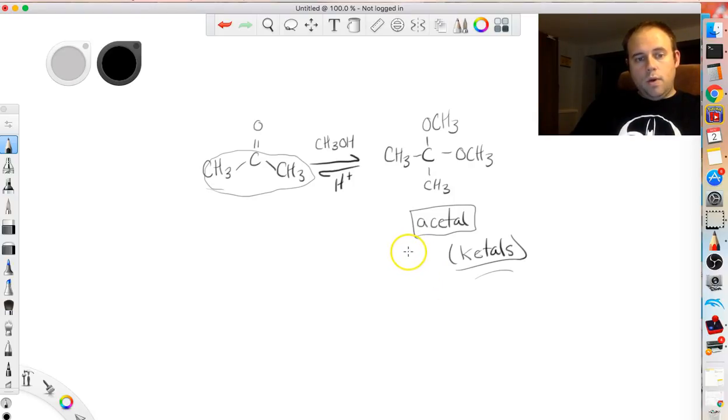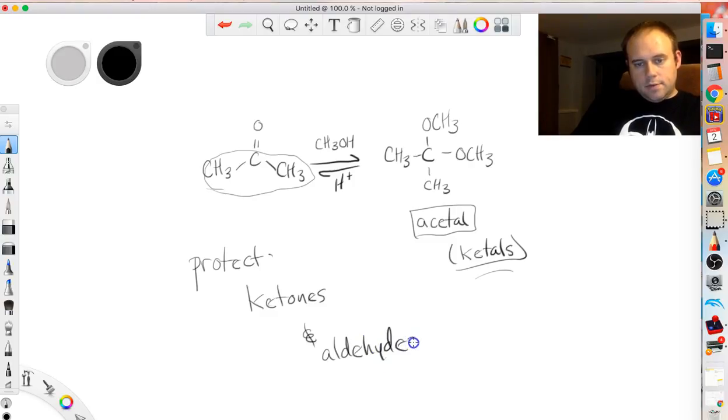And the one thing I want to mention before we start to wrap this up is that this reaction, because it's reversible the entire way, is excellent to protect ketones and aldehydes. So many times this reaction will be used to put these groups on here.